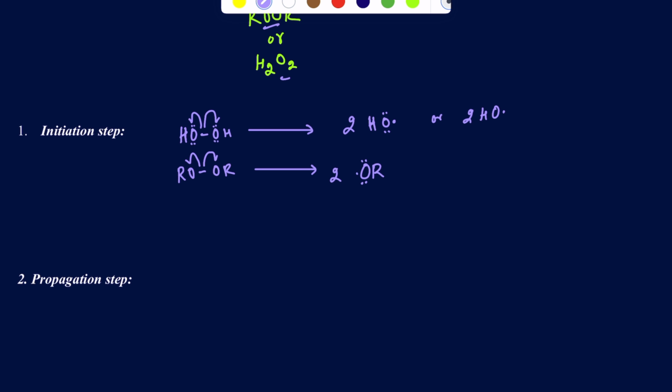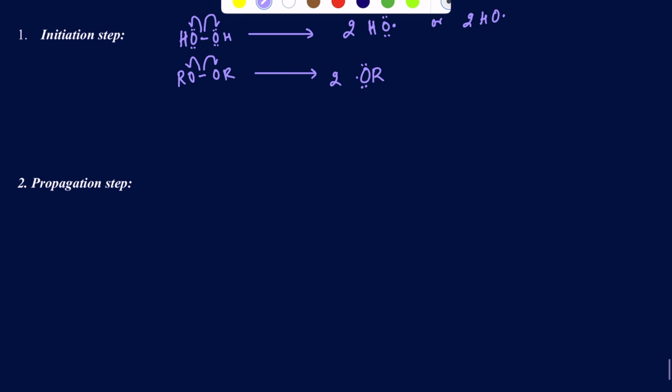So now you can have a propagation step where I'm going to use this HO radical here as an example, and I'm going to use HBr here. Since we are already doing this with the radical mechanism, I can break this HBr within a radical as well.